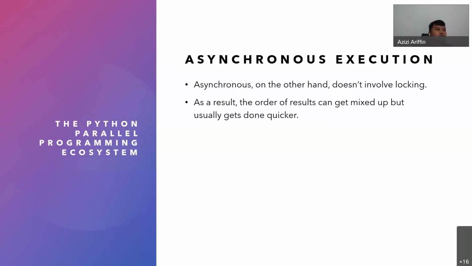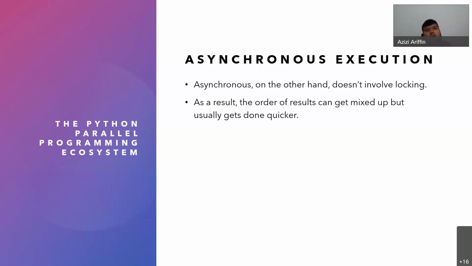But kita boleh juga buat dia asynchronous. Asynchronous adalah di mana A dengan B tadi tu, contoh kalau B siap dulu, B dia tak tunggu A. Dia terus bagi dia punya result. Ini adalah di mana kita tak gunakan any locking mechanism. And as a result, the order of results can be mixed up, but it usually gets done quicker, pasal proses B tu tak perlu nak tunggu proses A. Right?